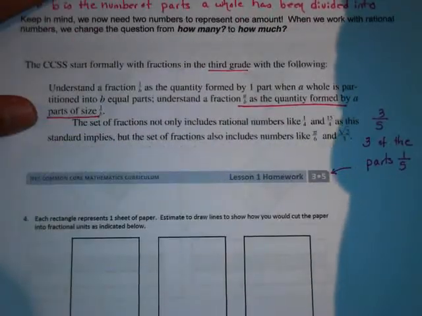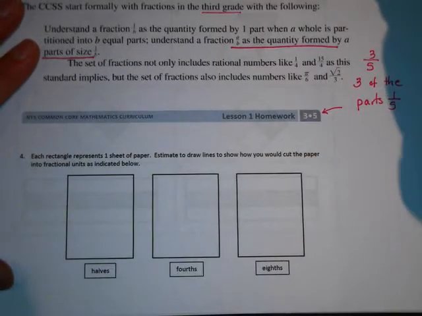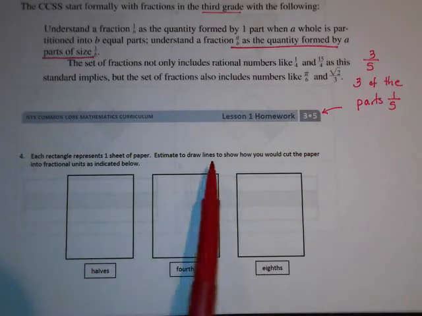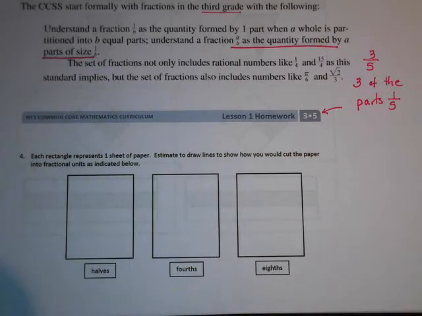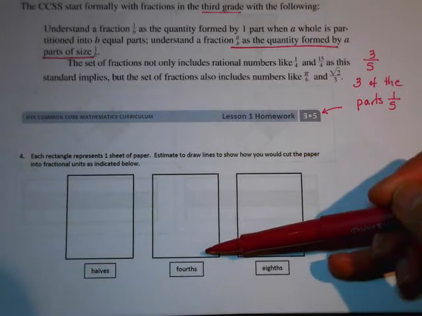It says, estimate to draw lines to show how you would cut the paper into fractional units as indicated below. So halves, fourths, eighths. So they're having kids find different ways to draw something into 4 equal parts, right? You can go up or down or make a big plus in the middle.